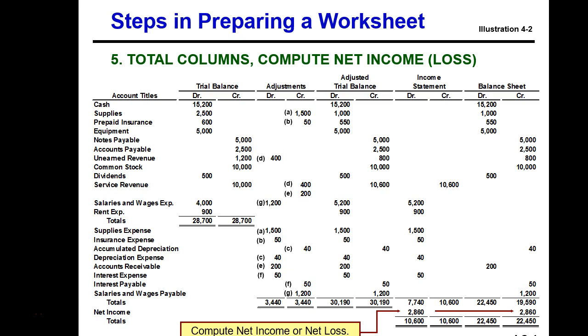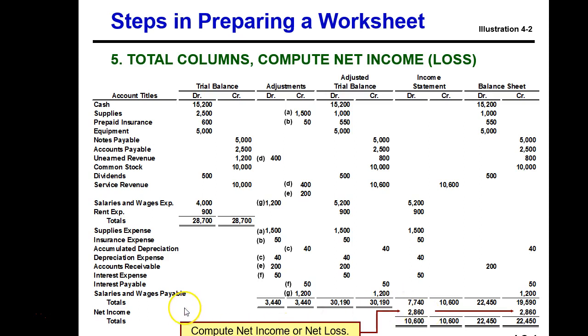Now you're saying, what is the purpose of the worksheet being prepared? I'm glad you asked this question. I can now take this information and prepare my different types of financial statements. For example, on the income statement, we already know the amount of our net income or our net loss because it is shown here on the actual worksheet.